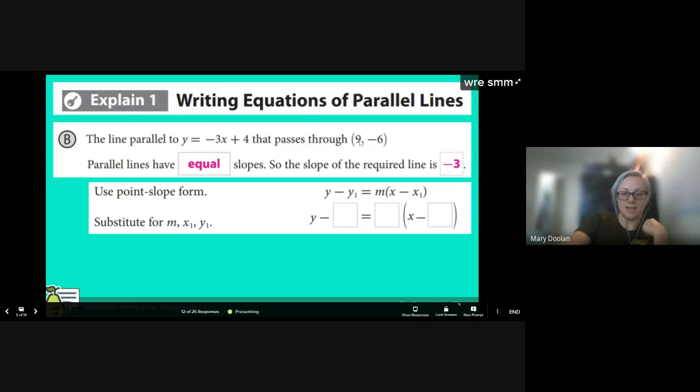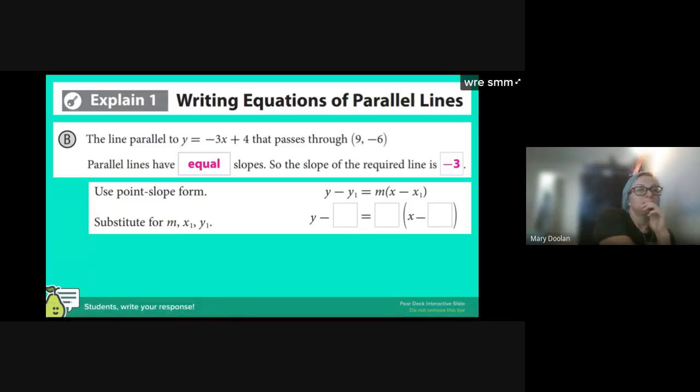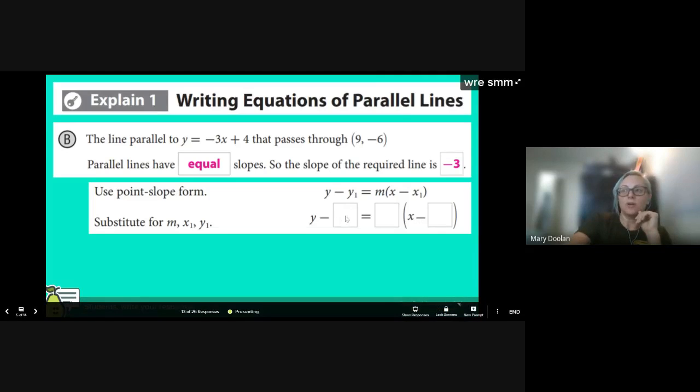The x is 9, the y is -6. So this first value here, the y coordinate, is -6.